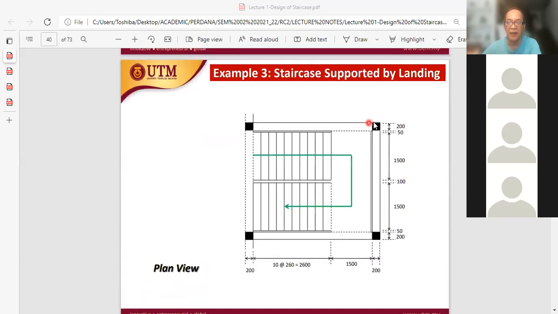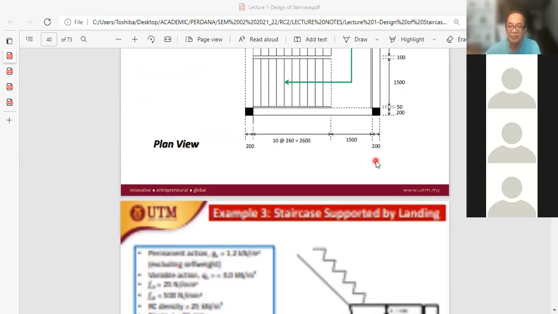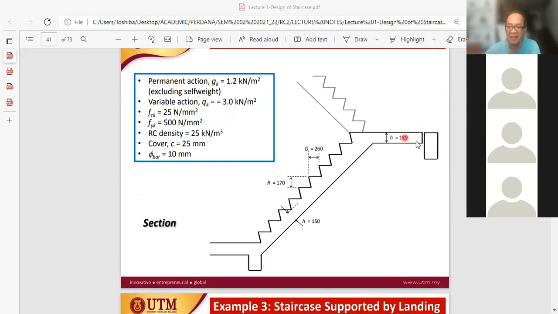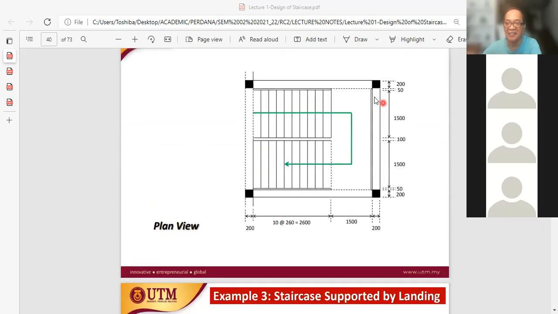Then from the plan view, the plan view indicates again, if we look here, there is a gap between this particular landing and this beam, as confirmed by this gap here. Maybe 50 mm or 2 inches of gap, and this is indicated by the double line here.